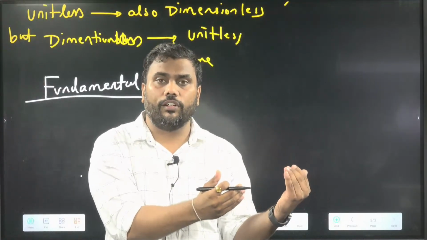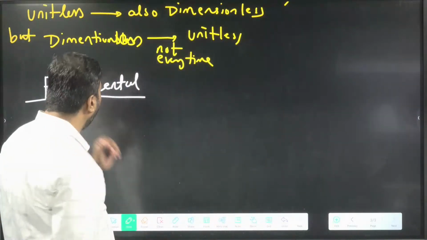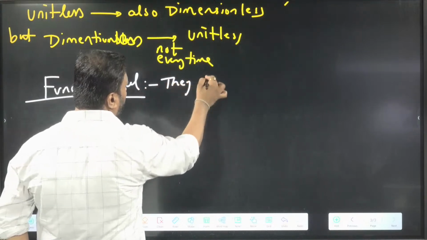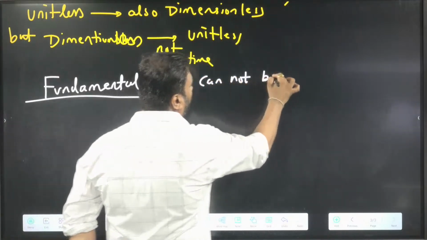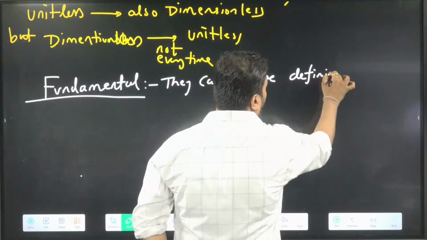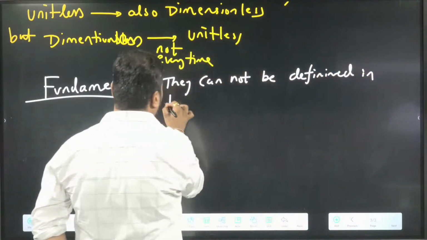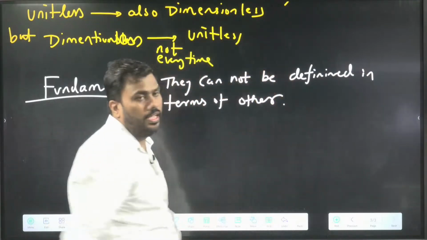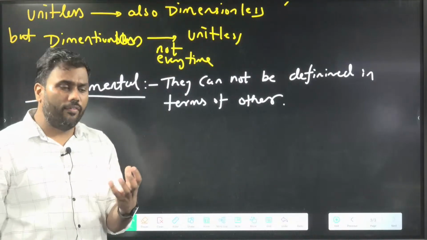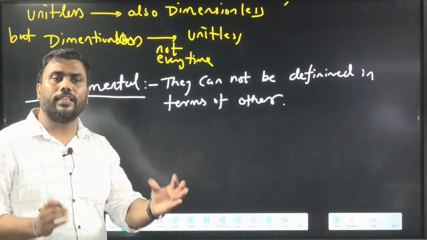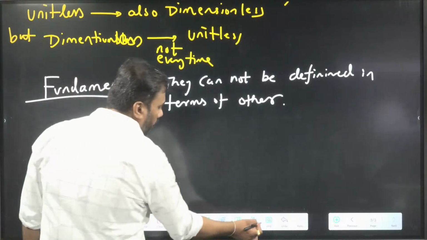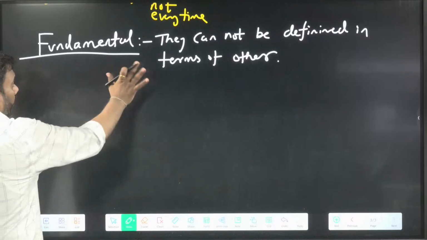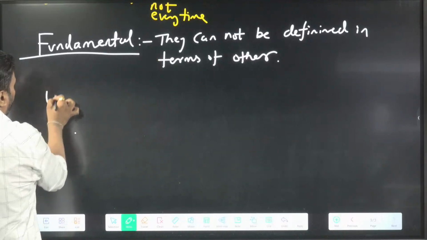That physical quantity is called fundamental which cannot be defined in terms of others. We have taken 7 physical quantities as fundamental in the SI system. Now let us talk about the SI system. Now we'll talk about units.